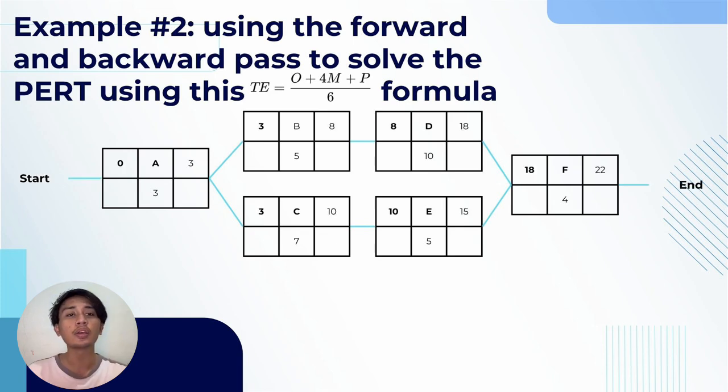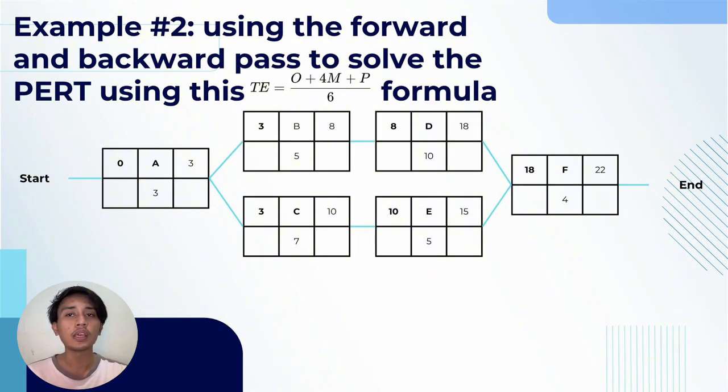As you can see here, the A starts with 0 optimistic time because we are starting at 0 time. And then as we can see here, on how we get 3 on the pessimistic time, it's just because we added the optimistic time and the actual time given, and so on and so forth.